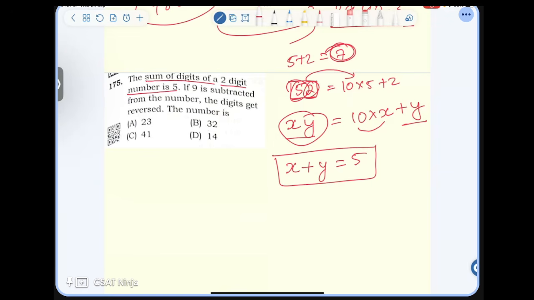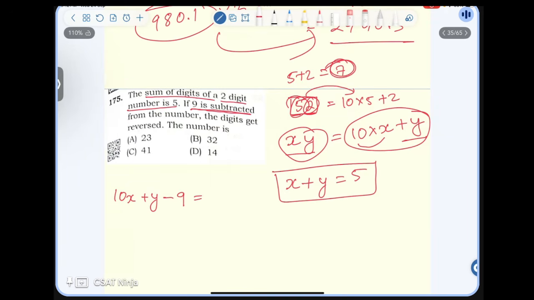Next. If 9 is subtracted from the number, from 10x plus y, the digit gets reversed. That means if you have 52, it becomes 25. Now 25 can be written as 10 into 2 plus 5.